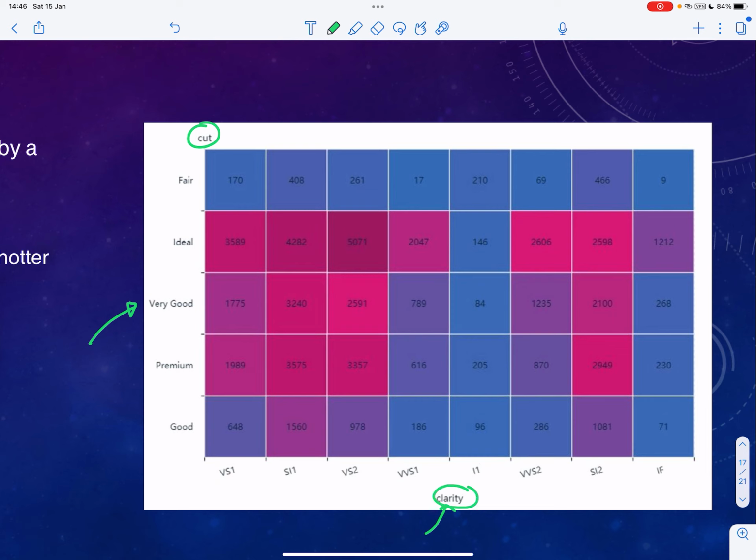And then the boxes that we can see contain numbers, which are normally the frequency. So for instance, it is the number of diamonds that have cut equal to fair and clarity equal to VS1.